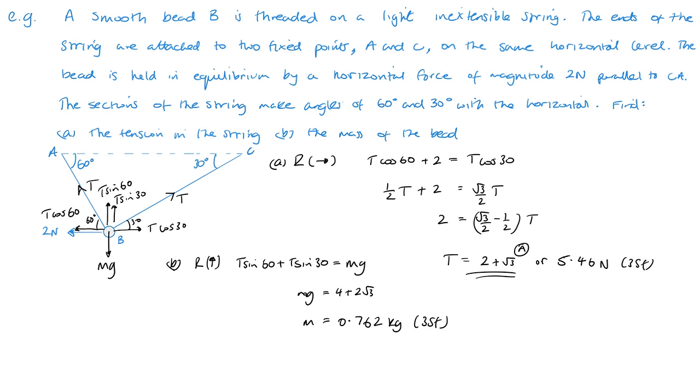Now, sometimes they ask questions afterwards, like a part C, for example, what does the smooth mean on this bead? And then you'd say that obviously means there's no friction.